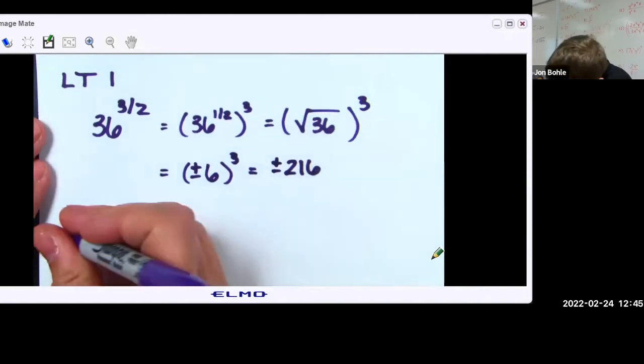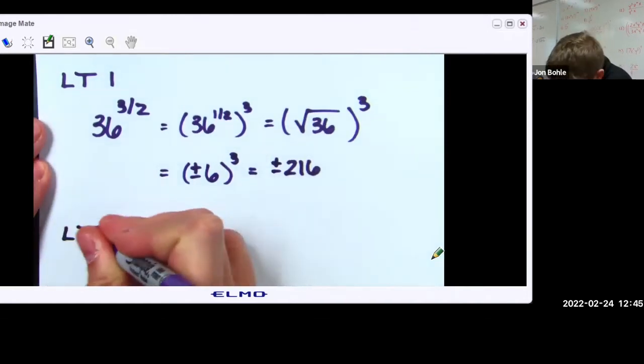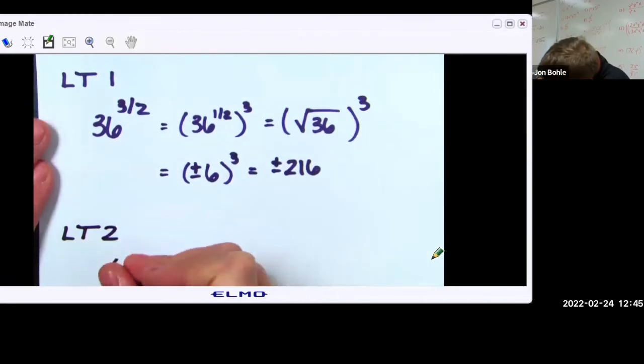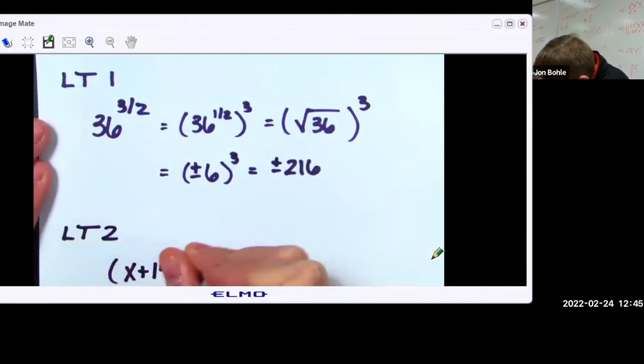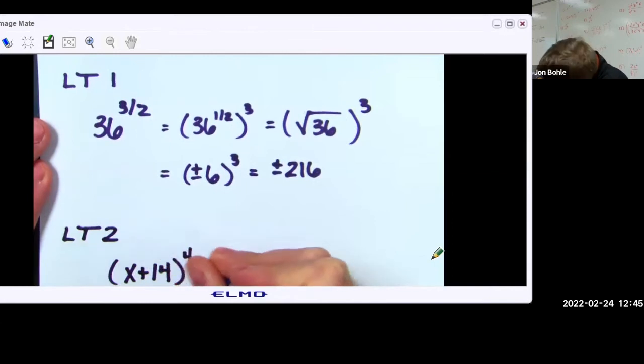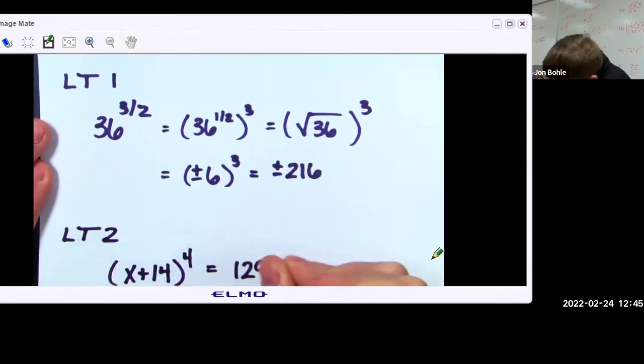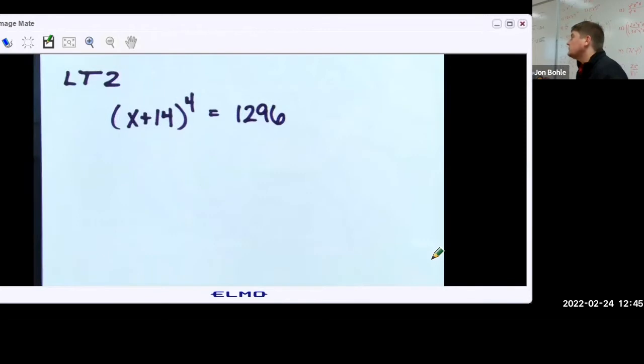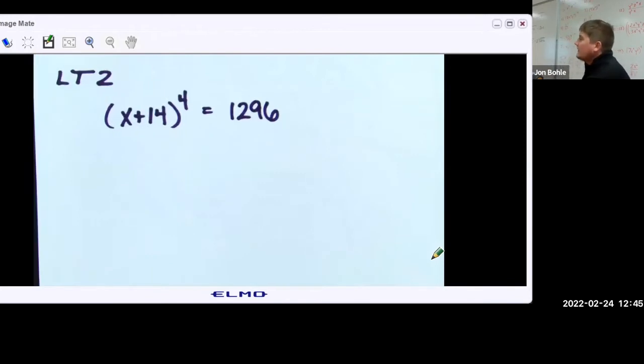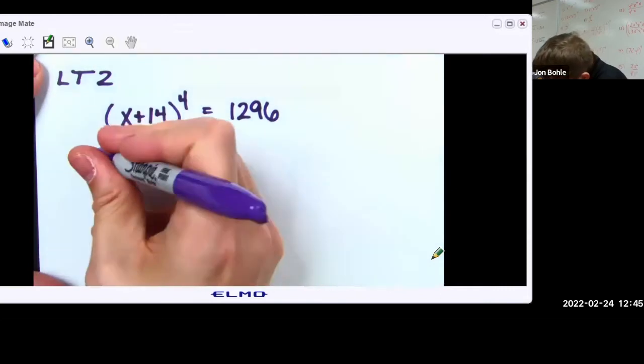Okay, learning target 2. I can solve problems with nth roots. So if I want to take this problem and solve it, what can I do? Take the 4th root, because that's the main concept.